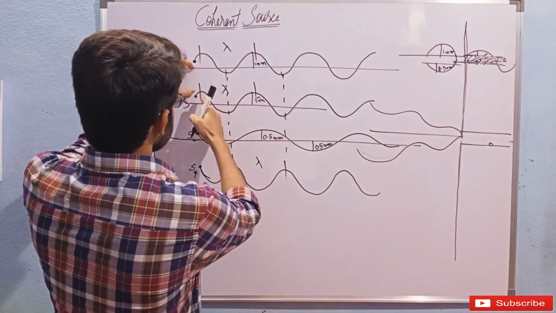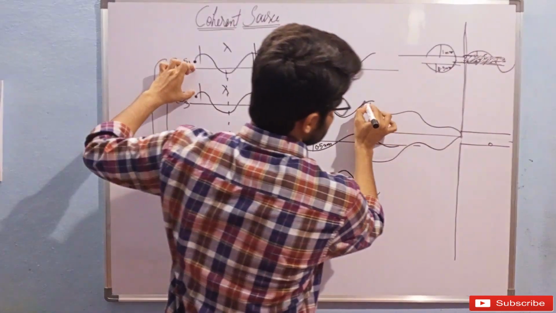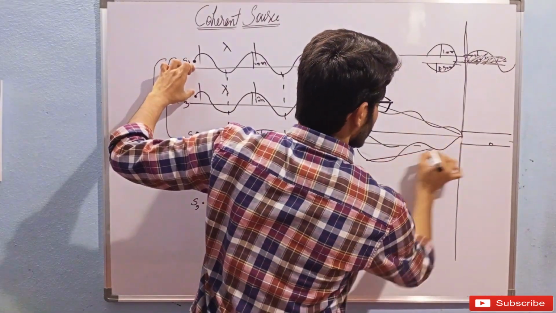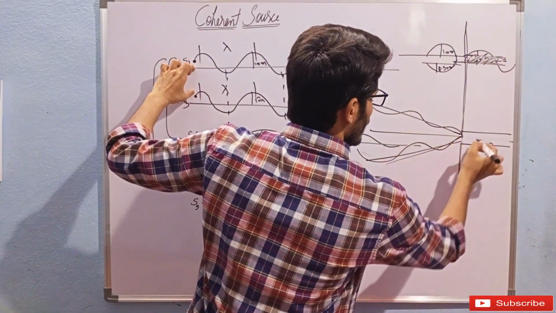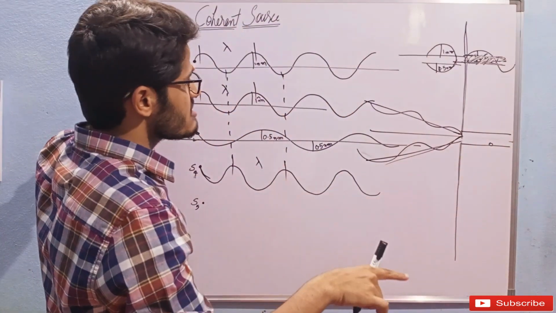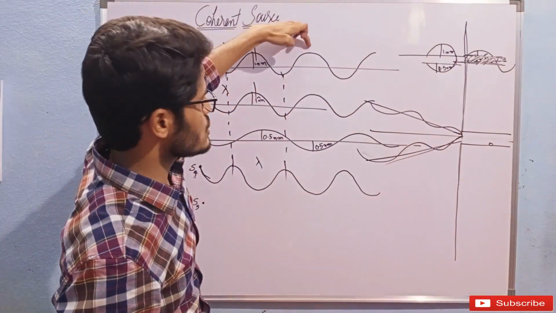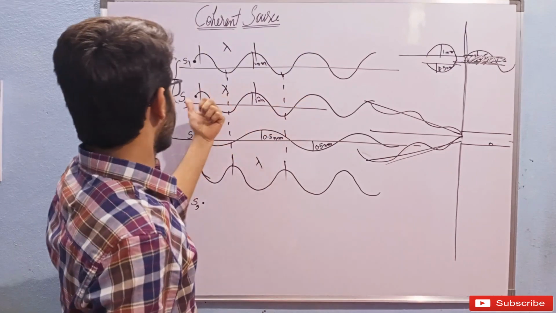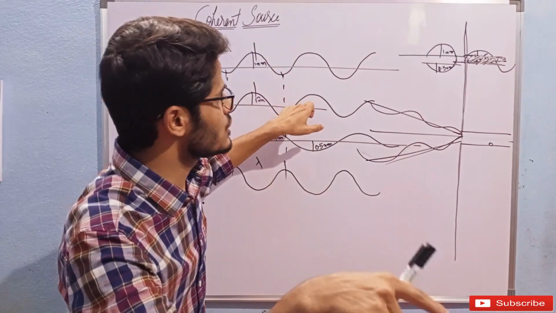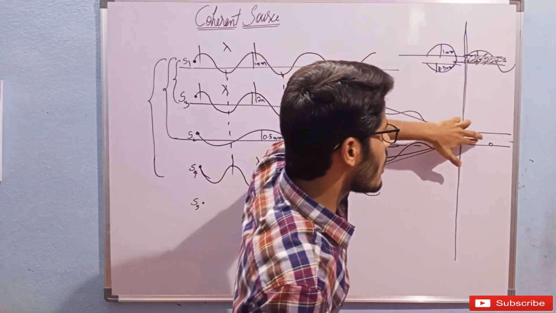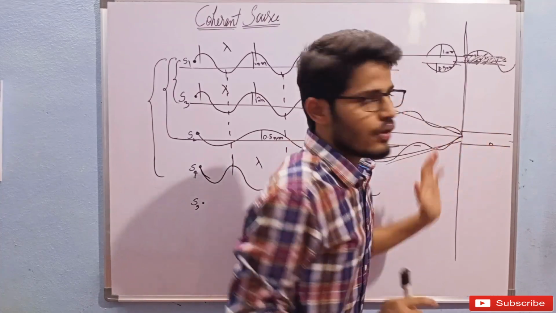They are in phase means they travel exactly the same distance to reach the point O on the final screen. Same distance means if this ray is on its top, the other one, S3, will also be on its top. So that's why you are going to get a bright spot at the center.